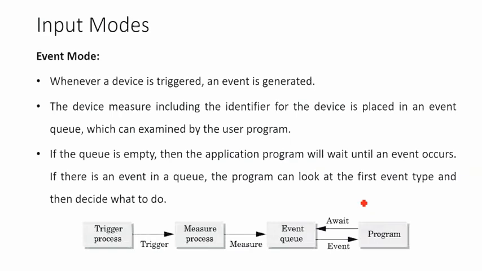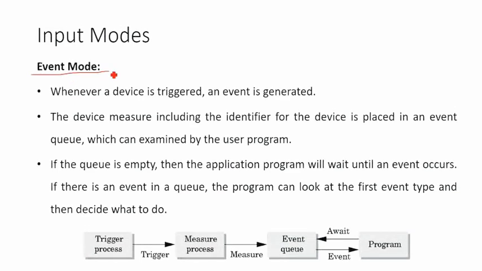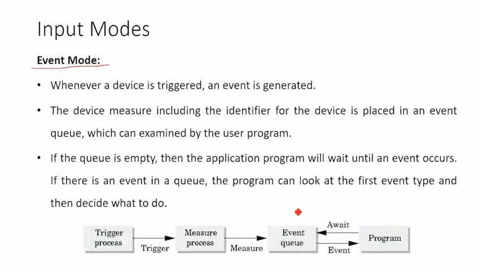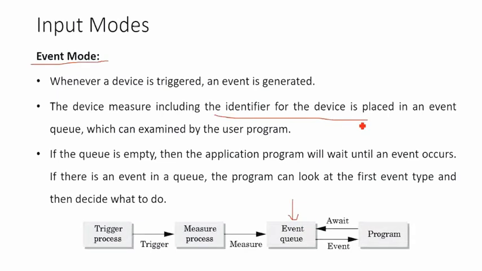That's the basic idea of event driven mode or event mode, right? The measure is enqueued into the event queue with the identifier of the device. Mouse and keyboard each have their own identifiers, and the measure is enqueued along with the identifier of the device.